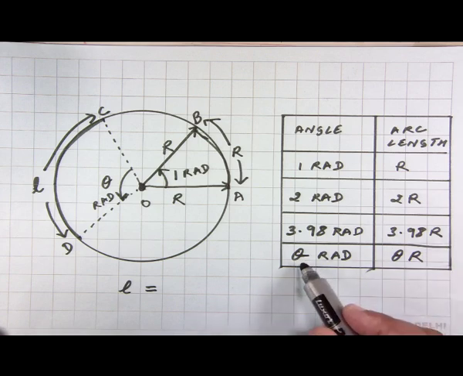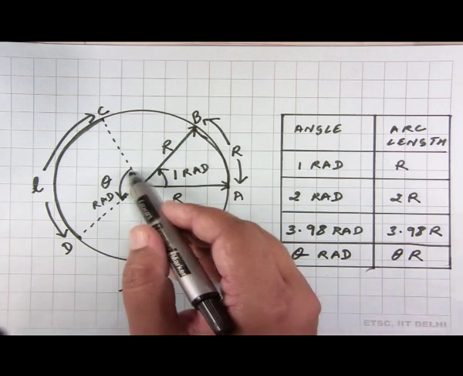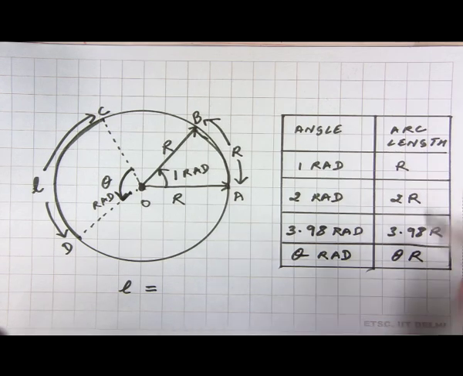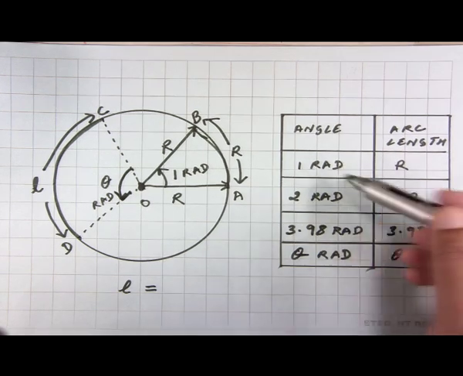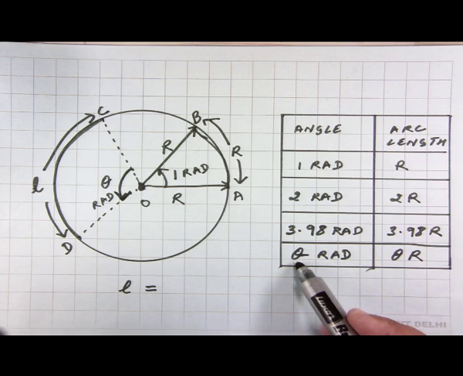And therefore, if the angle is in general some theta radians, for example like this here, then the arc length should also change, because compared to 1 radian, we are increasing or decreasing it to theta radians.